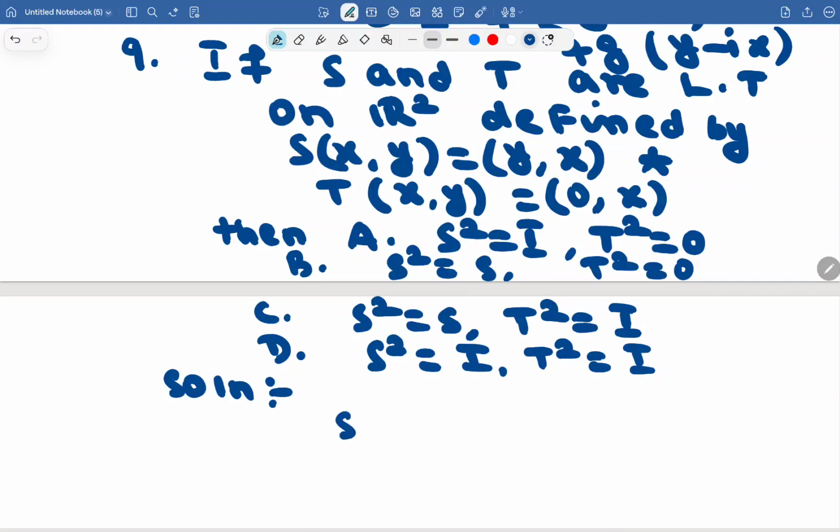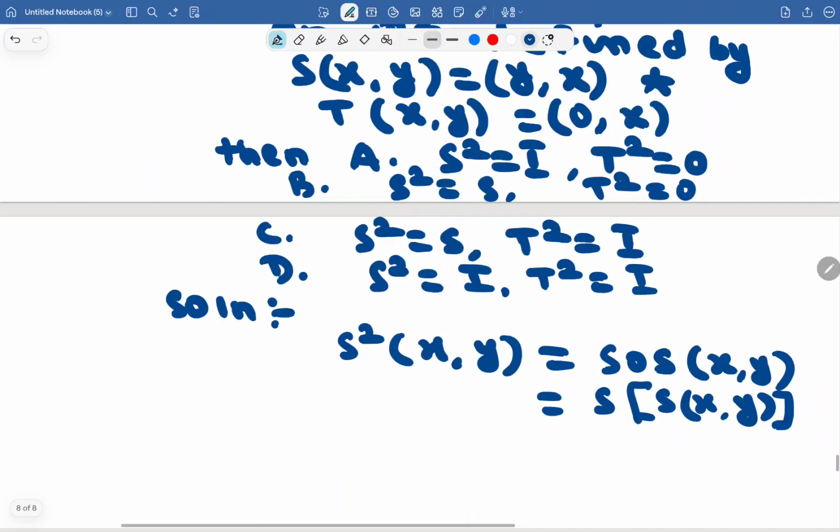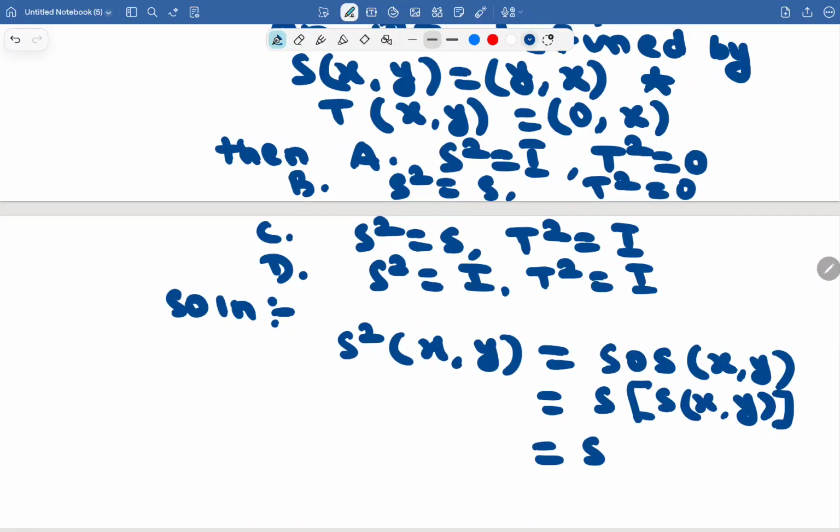First of all, find S square of x comma y. This can be written as S composition S of x comma y.